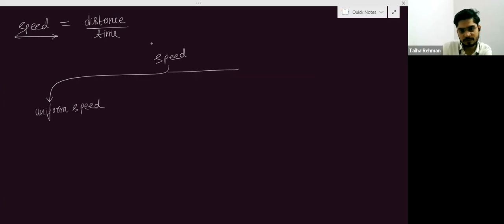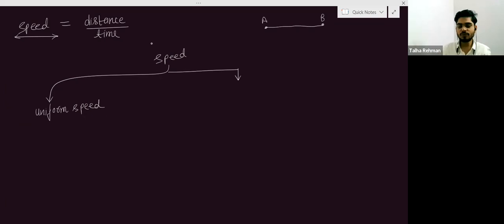And another, when your speed is changing with time or with distance, which means at different positions at different times you have different speed. Then if I want to know the speed of your journey, suppose you have moved from this A point to this B point, and during this motion from A to B you have different speeds.